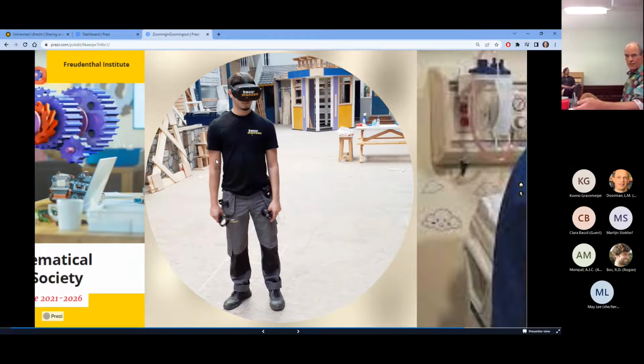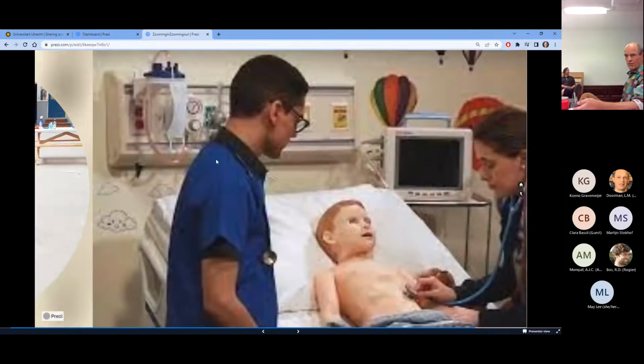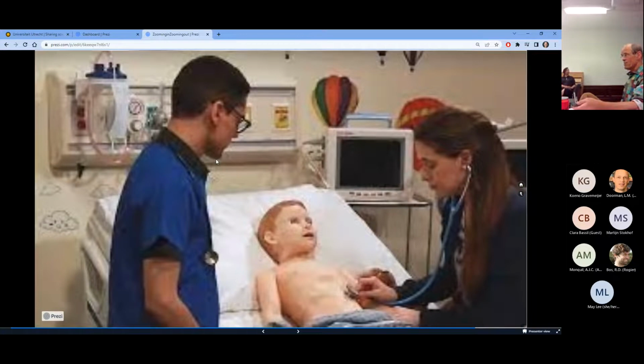So that's one thing. What will happen in general, of course, is robots and simulations. This is not a real patient, but a robot. And what will be the impact of simulations on education? Of course, this is used in, for example, health education, dentist education.